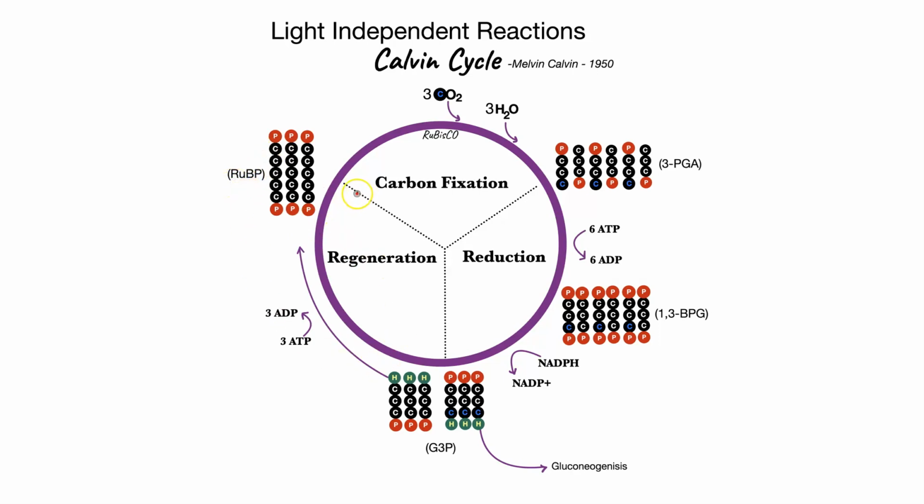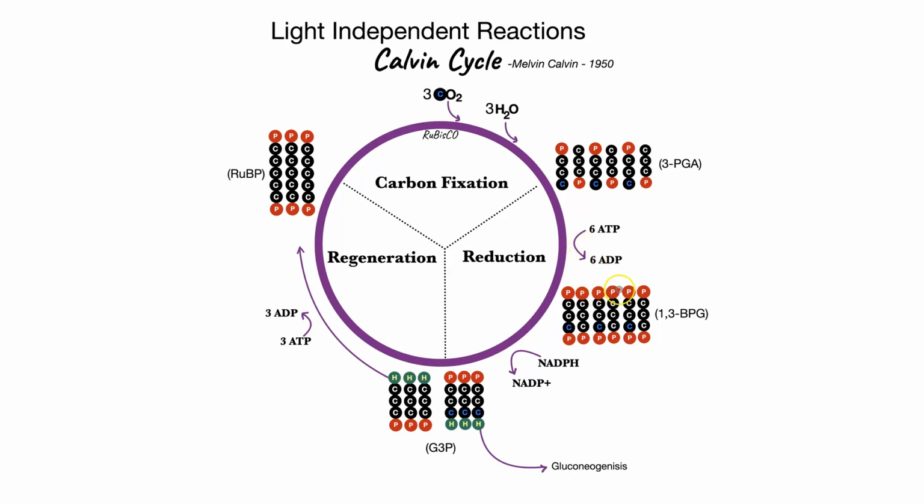So 3 CO2s come in, and there are going to be 3 water molecules. Then we make 3 6-carbon molecules that get split into 6 3-PGAs. Each PGA is going to take 1 ATP, and now we have 6 if we're combining 3 turns to make sense of this.